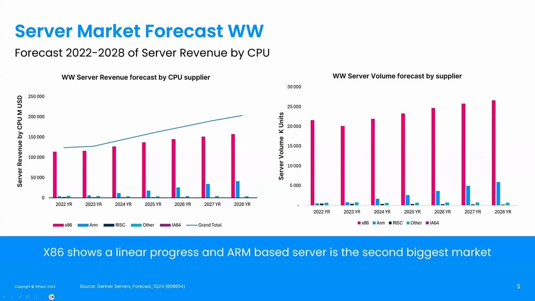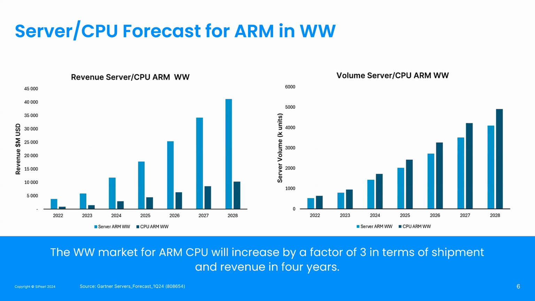If we look in more detail at the forecast for ARM, we have the same kind of graph as before, server revenue and server volume. ARM is forecasted to grow by a factor of 3 in terms of shipment and revenue from 2024 up to 2028.